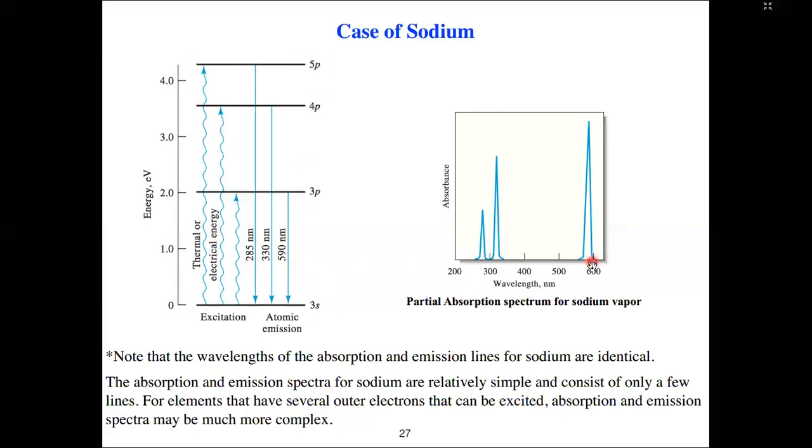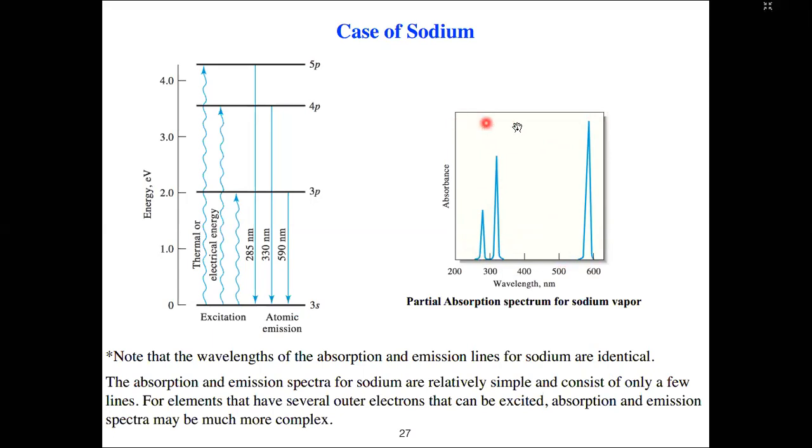This is the type of spectra that we will observe in absorption. You can see this is one of the wavelengths that is absorbed, this is another wavelength that is absorbed, and this is another absorbed wavelength. This diagram shows that most of the absorption occurs in the 590 nanometer range, then the 330, and then 295. The height we'll be discussing in detail in later lectures.